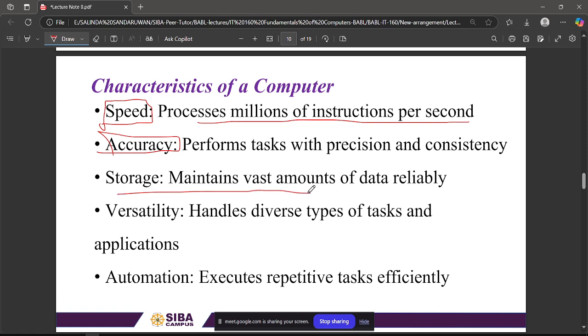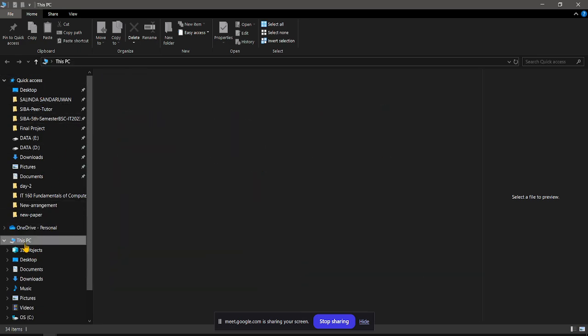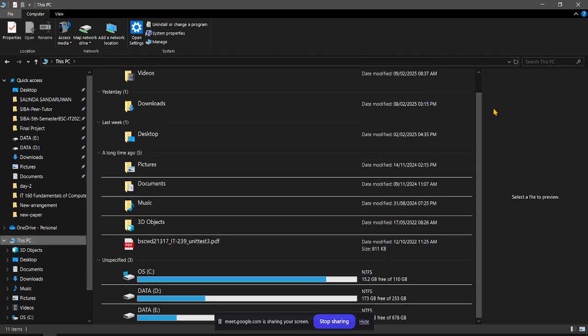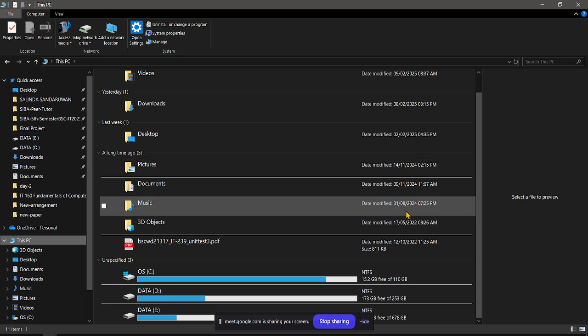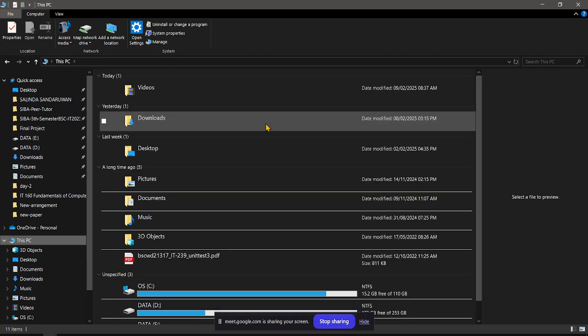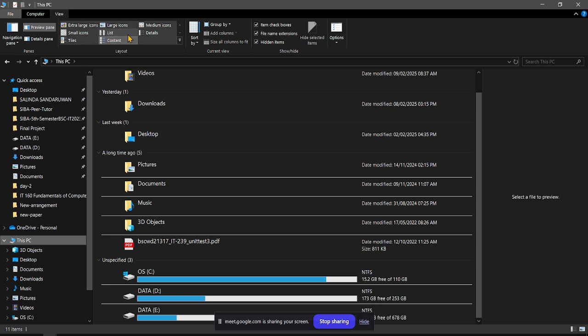And storage maintains vast amounts of data reliably. If I go to my file explorer, I have two disks, one SSD and another hard disk, and they are independent.